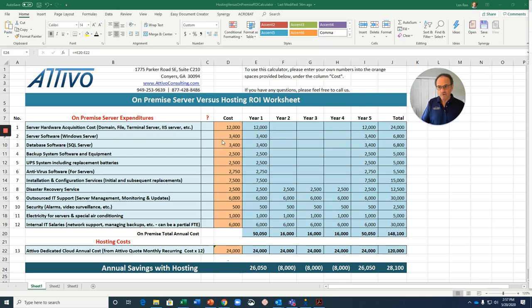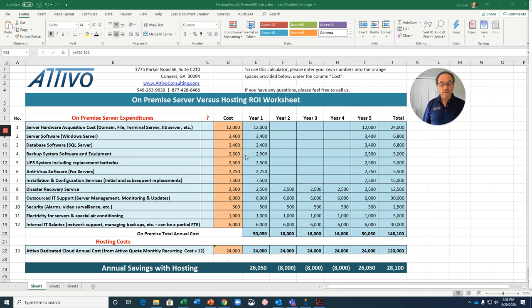Along with that, you're going to need the later versions of the Windows operating system, Windows Server 2019. Perhaps you're going to be running SQL Server, so you'll need licensing for SQL Server. These are all estimates. I encourage you, of course, to get your own quotes on these and plug these numbers in.